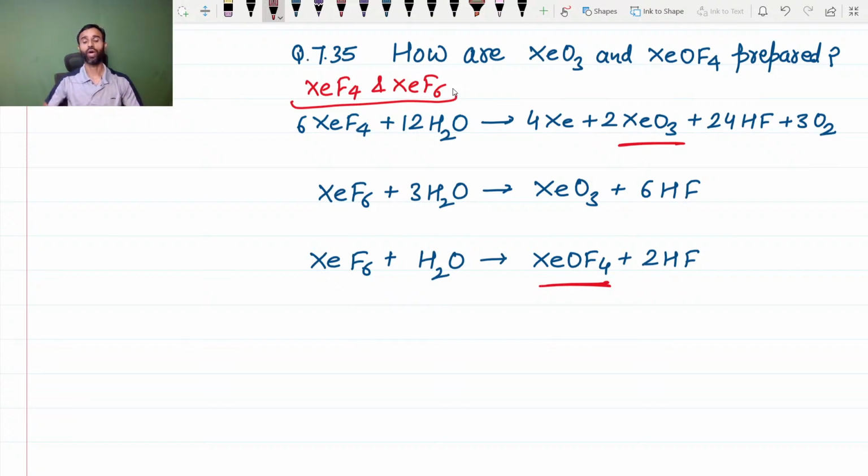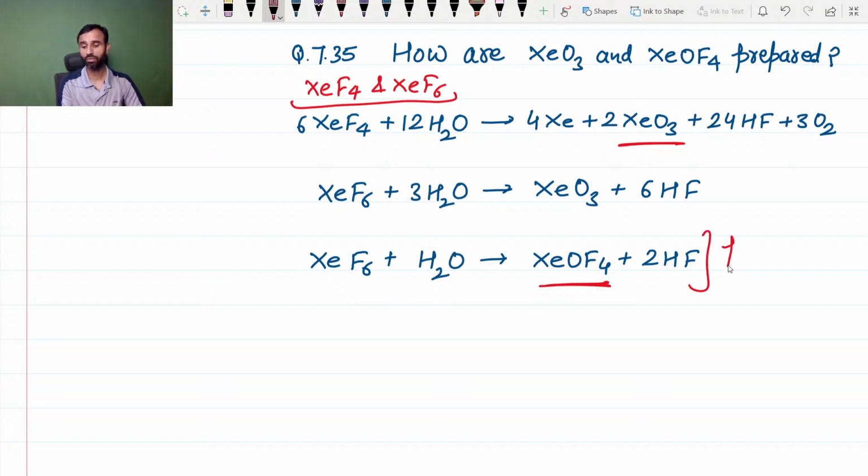Complete hydrolysis of XeF4 will give Xe and XeO3 along with HF and O2. XeF6 on complete hydrolysis gives XeO3, and the same XeF6 on partial hydrolysis.